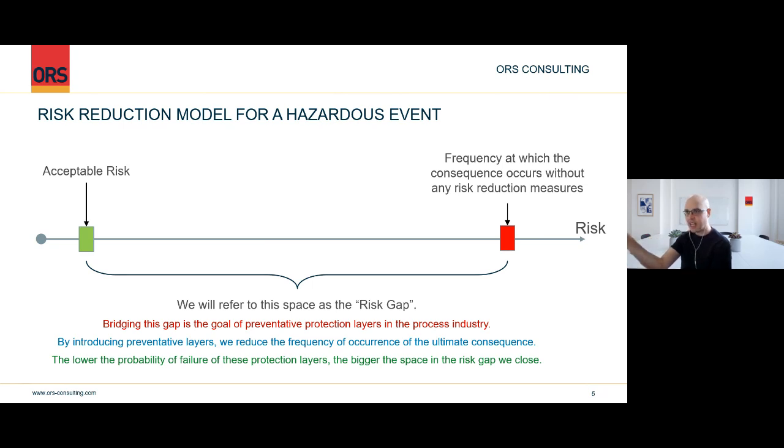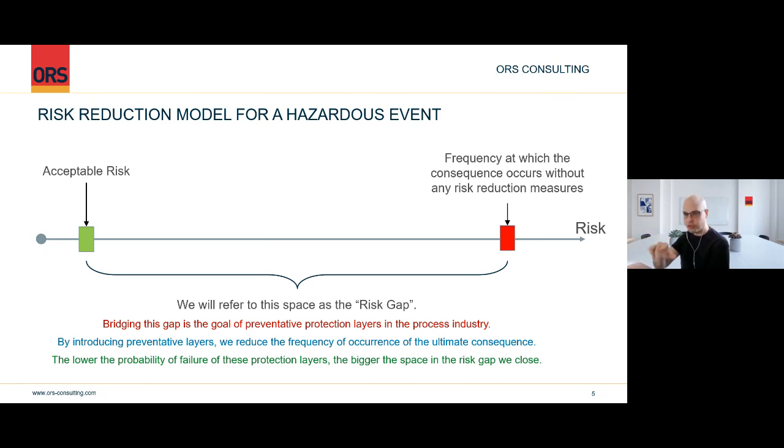So bridging this gap between what happens without any safeguards and what is acceptable is the goal of all the preventative protection layers in the process industry, right? When we install alarms, when we install safety instrumented functions, and then we put PSVs, that's what we're trying to do.